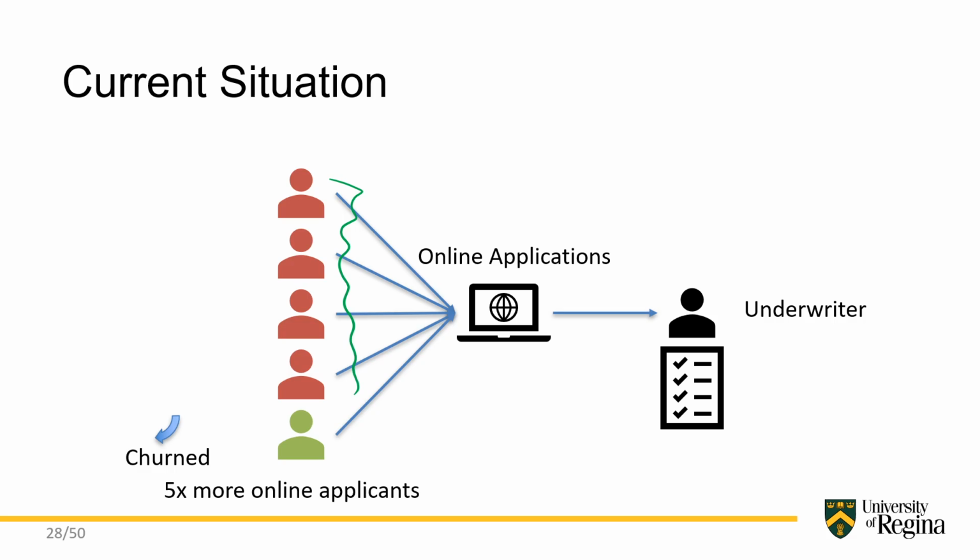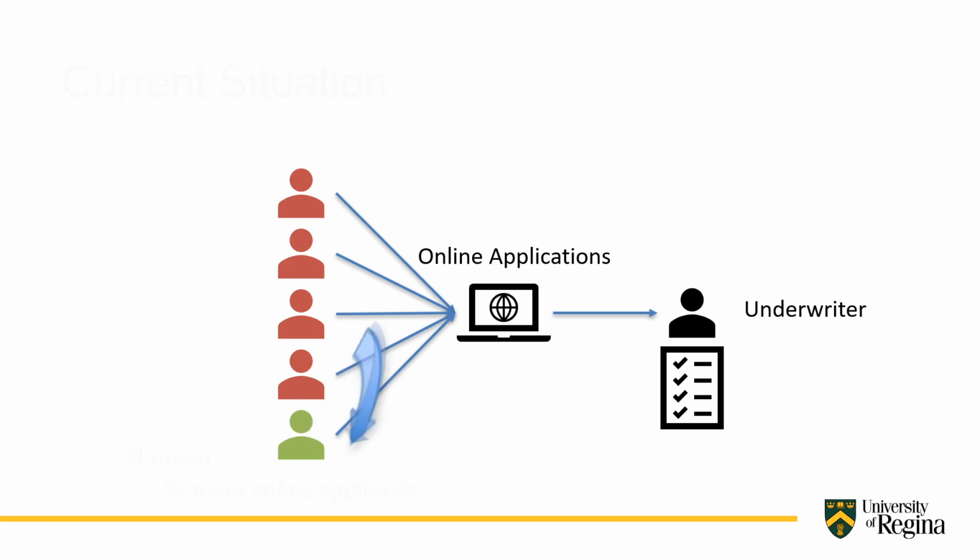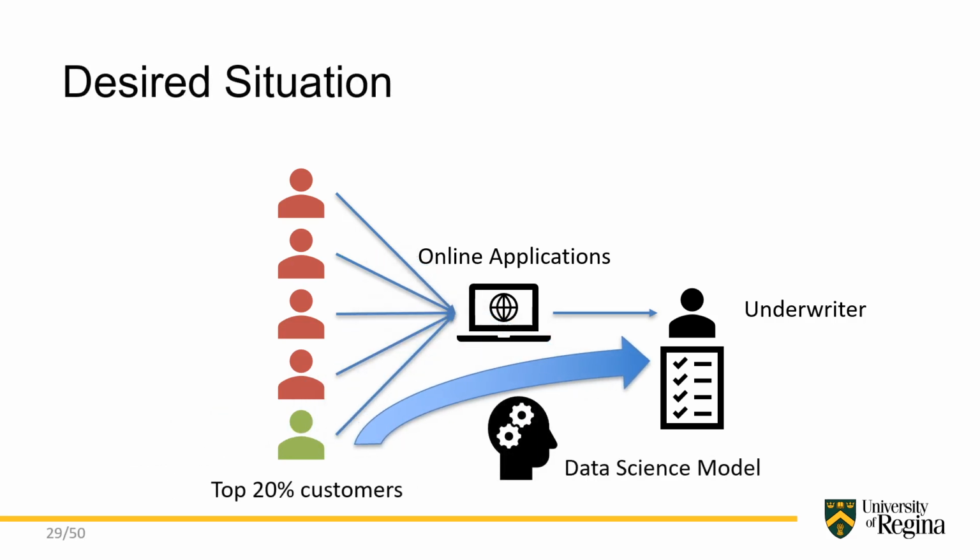That's a bad thing, because the bank gets interest as well, so they want to get access to that specific customer, which is among the top 20% customers that they have. They want to find that customer and redirect them directly to the underwriter instead of trying to monitor everyone. So that's the data science model that they're looking for, and you need to provide that to them.